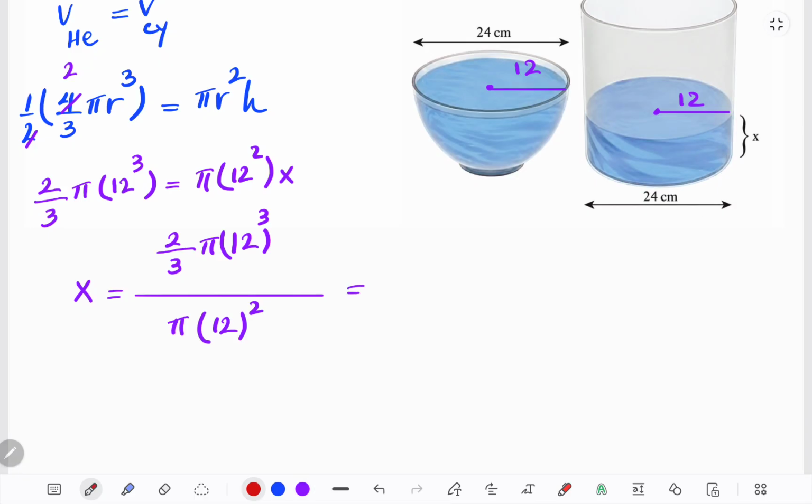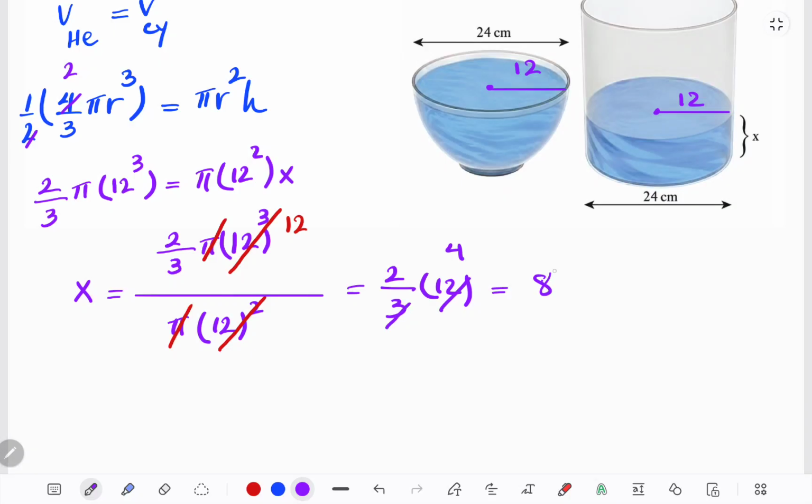Okay, so we can cancel out these two pi's. 12 squared is cancelled out with 12 squared, and the remaining is 12 to the power of 1. So in order to find the value of x, we need to find 2/3 of 12.